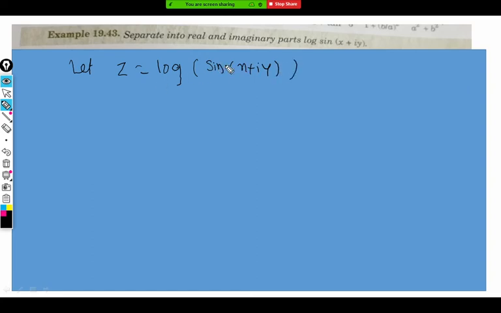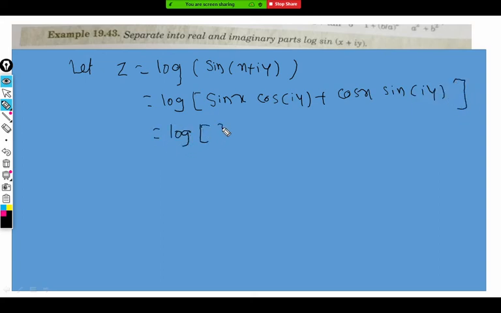First of all, we use the sine a plus b formula. So what is the sine a plus b? Sine a cos b plus cos a sine b. Next, this log as it is. This is sine x as it is. What is the cos of iy?